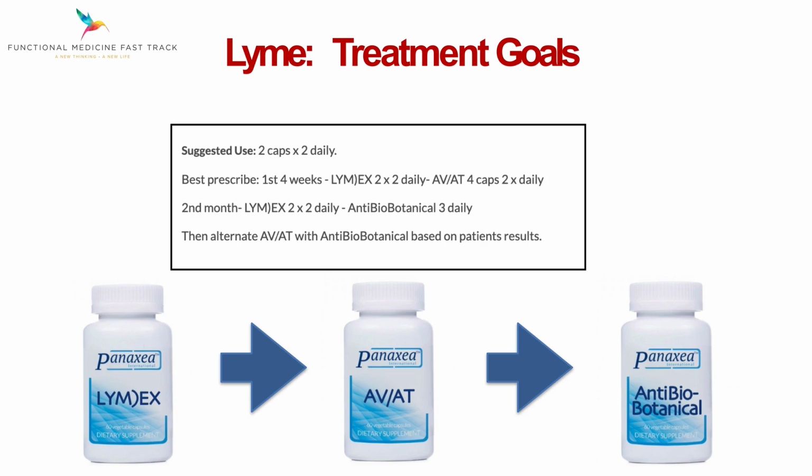You're going to start to understand, okay, we had a massive change from the AVAT and the Lymex, or we had a massive change from the anti-biobotanical and the Lymex, and you're going to decide which one to continue with, if not just keep alternating. So very good protocol that's really, really worked well with many of our patients. Now, these aren't the only supplements we're using. This is the core or the foundation of everything moving forward.